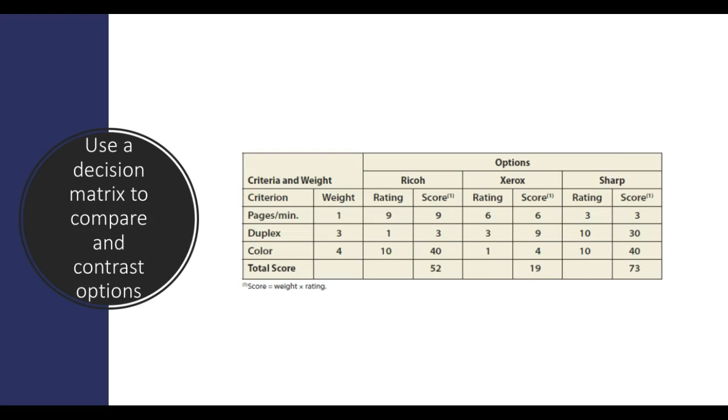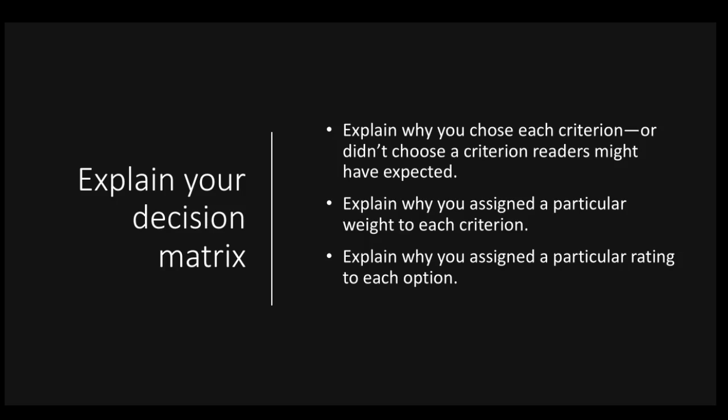And so being able to rank your options is a really important tool to help demonstrate that you've done your research, that you know what you're talking about, that you've looked at specific criteria, that you've ranked the criteria, and that you've given scores to each of these options based on your research.